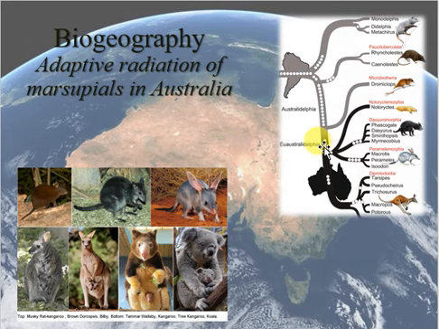So biogeography is also unique for looking at the evolution of species on islands, right? So that's another great example. The big one being the adaptive radiation of marsupials in Australia. Placental mammals arose after Australia separated from the other continents.